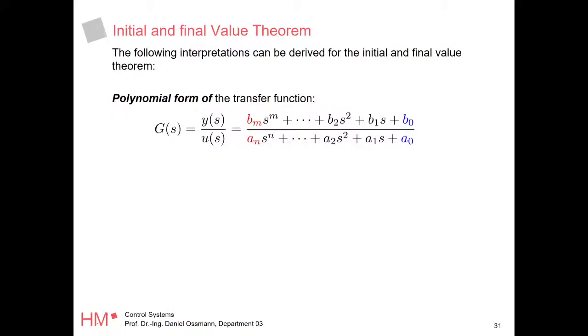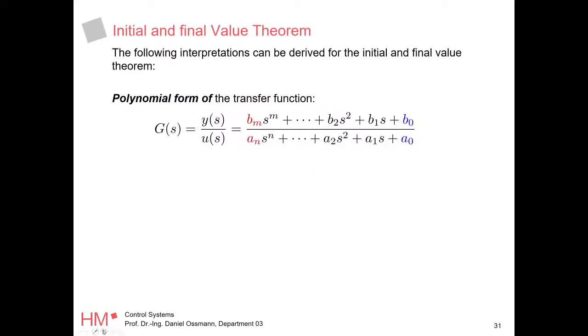And you should realize this is exactly the same thing as we had when we introduced this calculation scheme of the transfer function. So what you can say here is, if I apply the final value theorem, I let all these s's go to 0, and what remains is just b0 over a0.